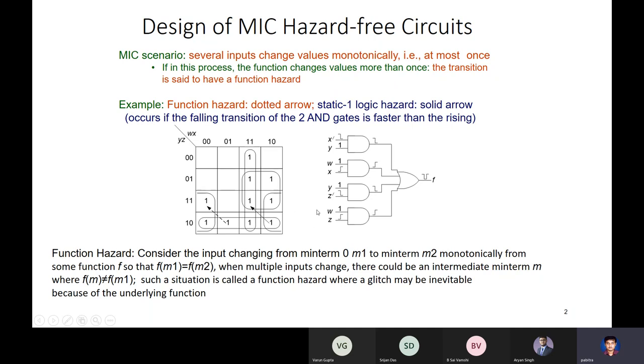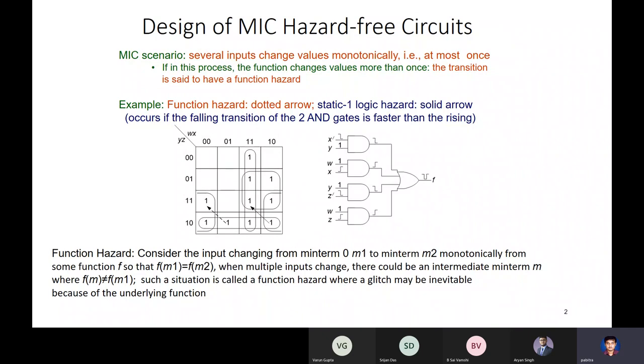We come up with a more general scenario here. In the SIC, we assume that only one of the bits will transition. There will be a monotonic transition of one of the bits, so it will be 0 to 1 or 1 to 0, but not 0, 1, 0. And the output has two kinds of possibilities. One is static, where the output is always 1 even in spite of this change, or always 0, which we call a static 1 and static 0 hazard.